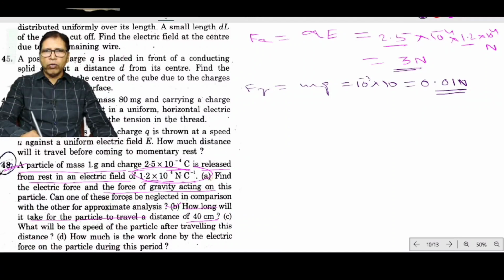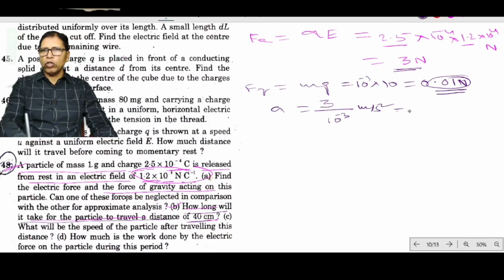Okay. Now, how long will it take for the particle to travel a distance of 40 centimeter? Look at this. Here, acceleration a equals net force by mass. As gravitational force is neglected, net force is almost 3 Newton divided by mass 10^-3 kg. So this is 3000 meter per second square.